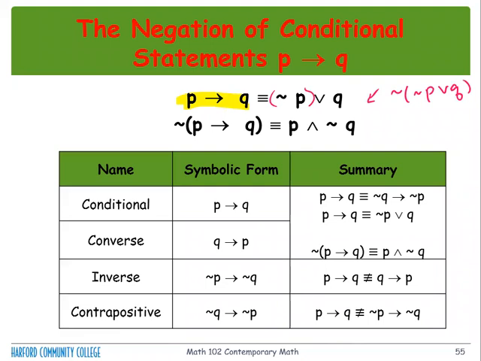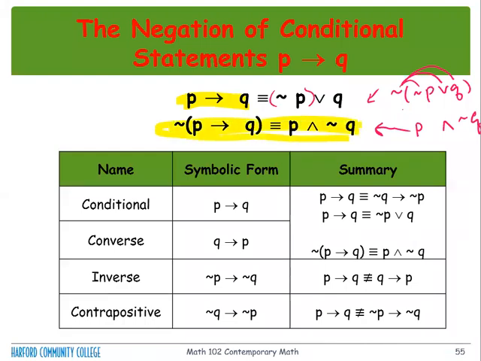The negation of not P becomes P. The negation of the or becomes and. The negation of Q is not Q. Therefore, we have the negation of the conditional statement P then Q equivalent to the statement P and not Q.